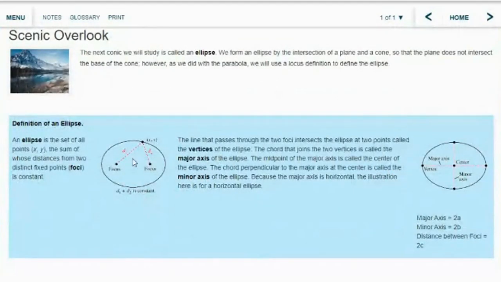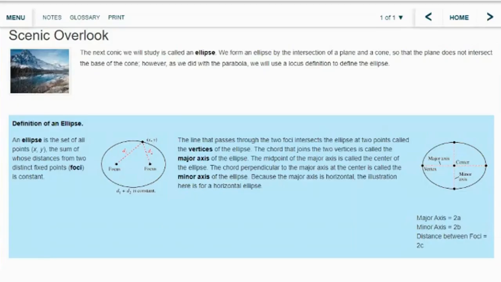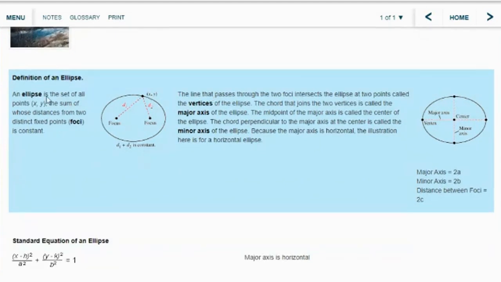So an ellipse is like an oval shape, right? We call it an ellipse, the mathematical term for it, but it's oval. If we go here and we look, I'll show you this in a second. Let's look at the definition first. An ellipse is the set of all points x, y, the sum of whose distances from two fixed points is constant.